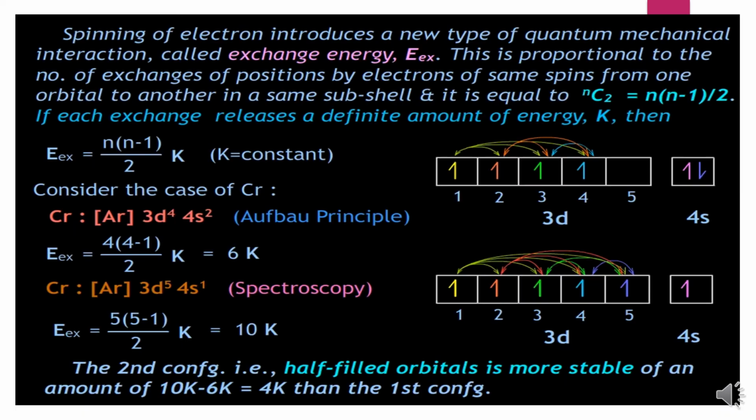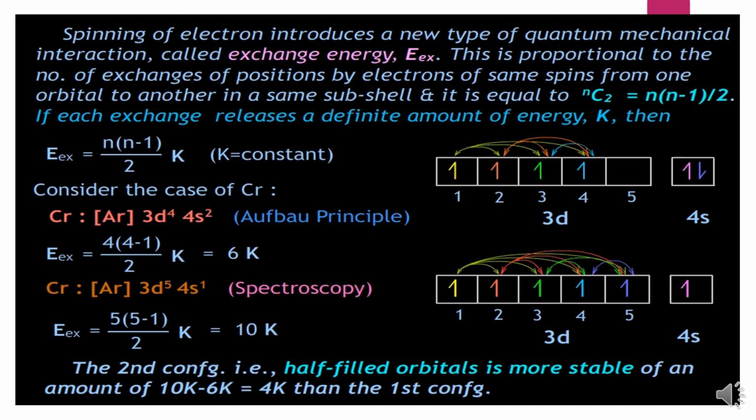And due to this increased number of exchanges, you can see exchange energy increases, because the spin of an electron introduces a new type of quantum mechanical interaction called exchange energy, and this is proportional to the number of exchanges of positions by electrons of the same spin from one orbital to another in the same subshell. And this can be calculated by the formula n(n minus 1)/2 multiplied by k, where k is a constant.